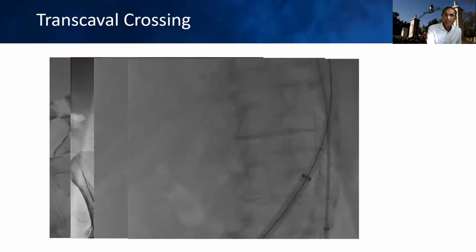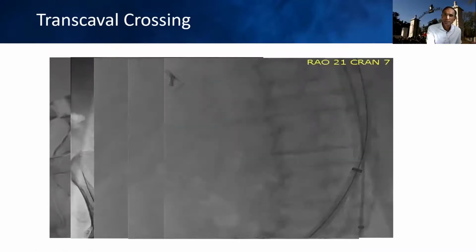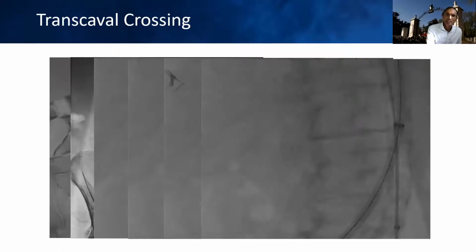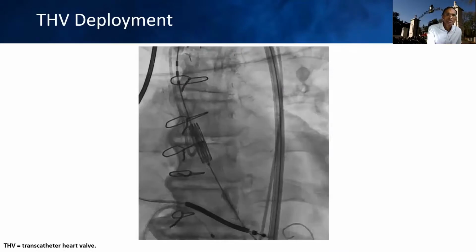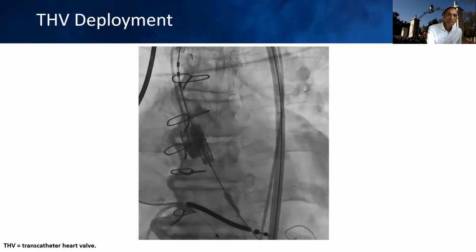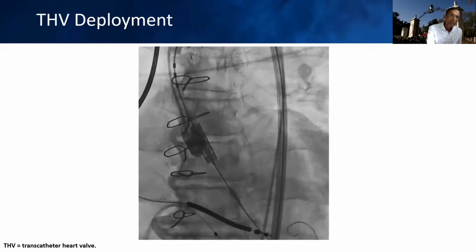In a very calcified aorta, care must be taken to not push too aggressively. Typically, this will pop. These sheaths are extremely hydrophilic and have good transitions, but typically making this transition is not a problem. At this point, this becomes a routine TAVR that you're used to, routine deployment here with the valve in good position.